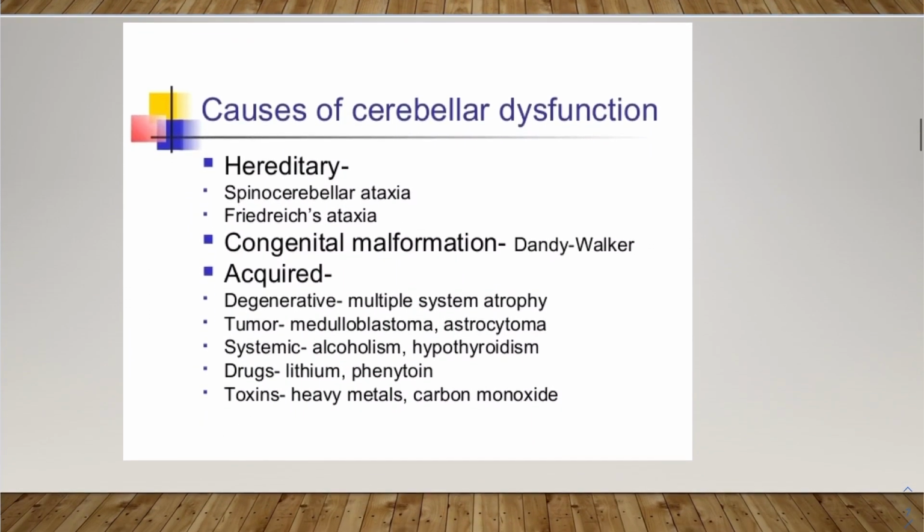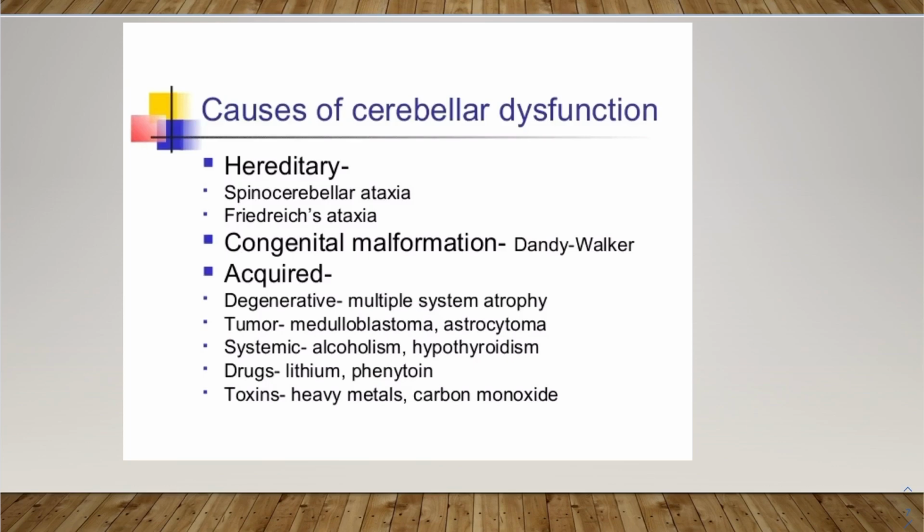So briefly, what are the causes of cerebellar dysfunction? It's very important to memorize them by dividing them into different groups. We have hereditary causes, such as spinocerebellar ataxia or Friedreich's ataxia. There can be congenital malformations like Dandy-Walker syndrome.